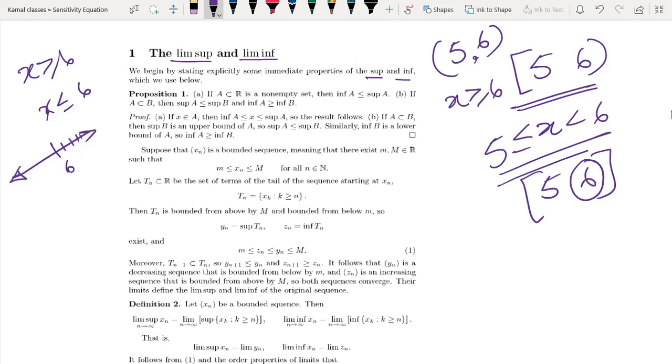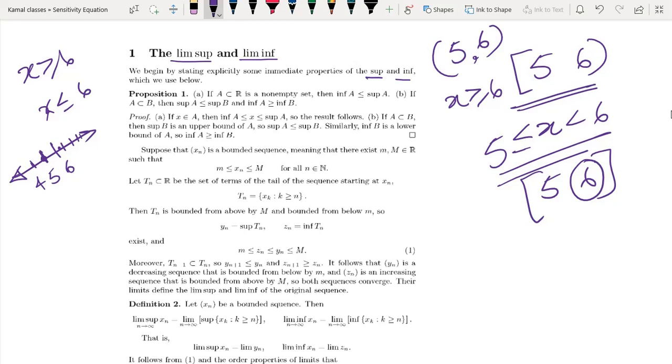If I take some number here, and then I take 5 here, then this number is also greater than 5. This number is again greater than 4.